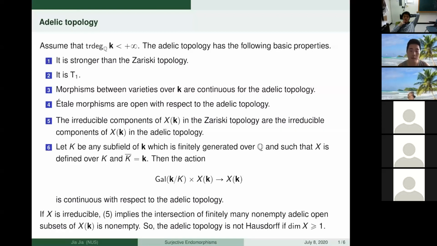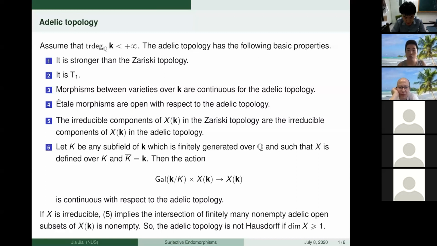The last point says the Galois group action is continuous with respect to the adelic topology. By this point 5, we know when X is irreducible, the intersection of finitely many non-empty adelic open subsets of X is also non-empty.